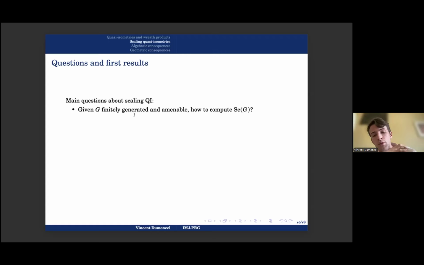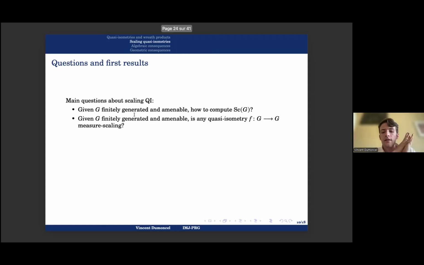And if yes, what are the methods for computing the scaling group? And even before the scaling group, it is already interesting to wonder whether any self-quasi-isometry of your group is measure scaling actually. So just before the computation of the scaling group, this question is already interesting.